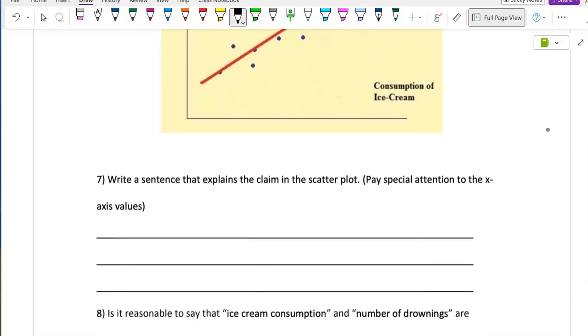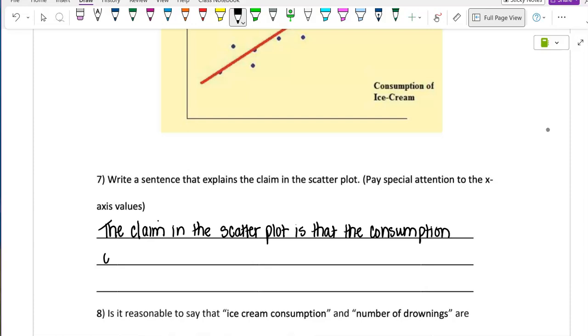So the claim in the scatter plot is that the consumption of ice cream causes drowning deaths.